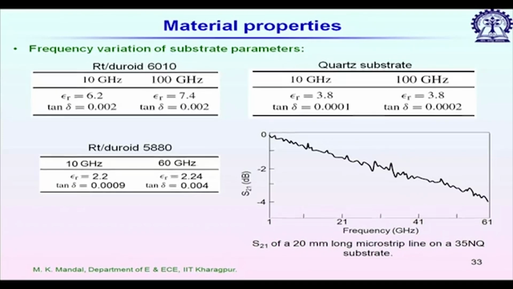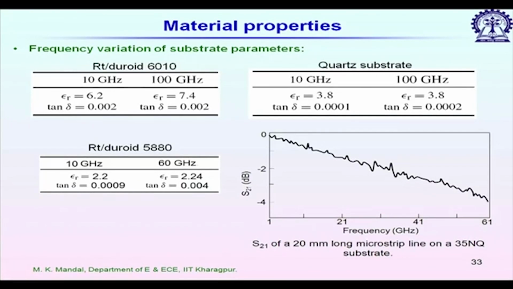What is the source of these losses then? Whatever material properties we have seen in comparison between 10 gigahertz and 100 gigahertz, the tan delta value or epsilon r is not changing as such, but if I measure loss, it is increasing very rapidly with frequency. At millimeter wave frequencies, if the loss is 3 dB, that means half of the power is already wasted; you are receiving only half of the incident power.